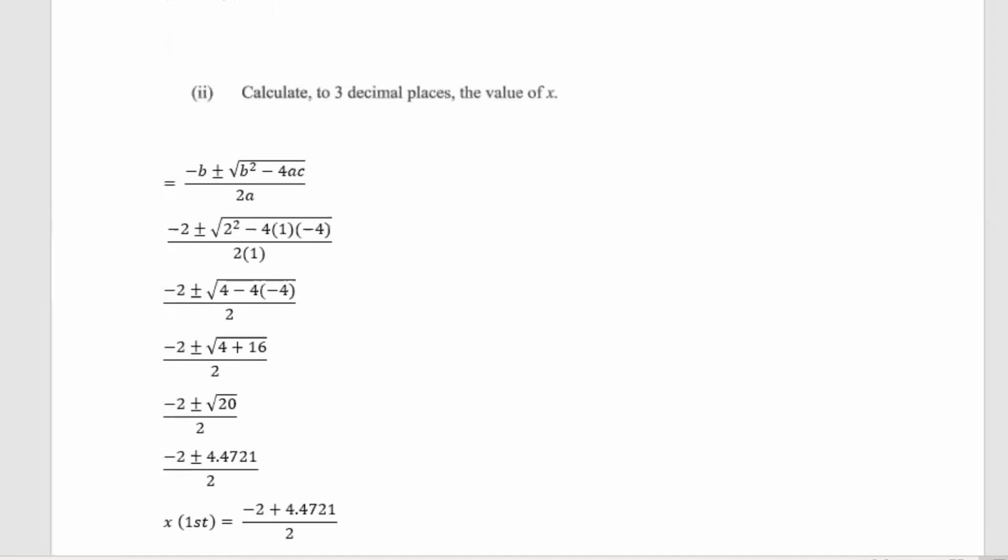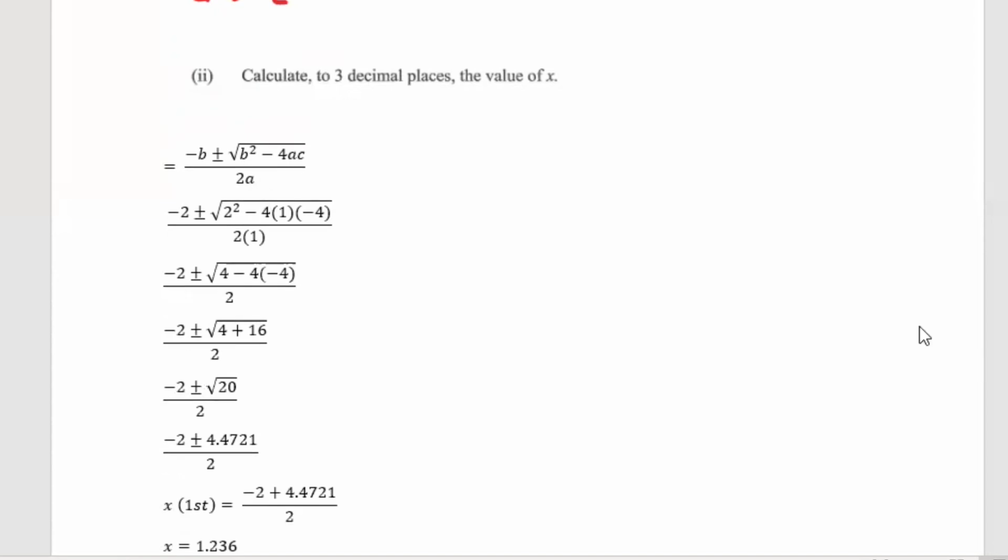Now just going over a bit, this right here is our quadratic formula. We substitute for each value. So from our quadratic equation, we know that this is A, 2 right here would have been our B figure, and this is C. So this is what we substitute into each letter here.